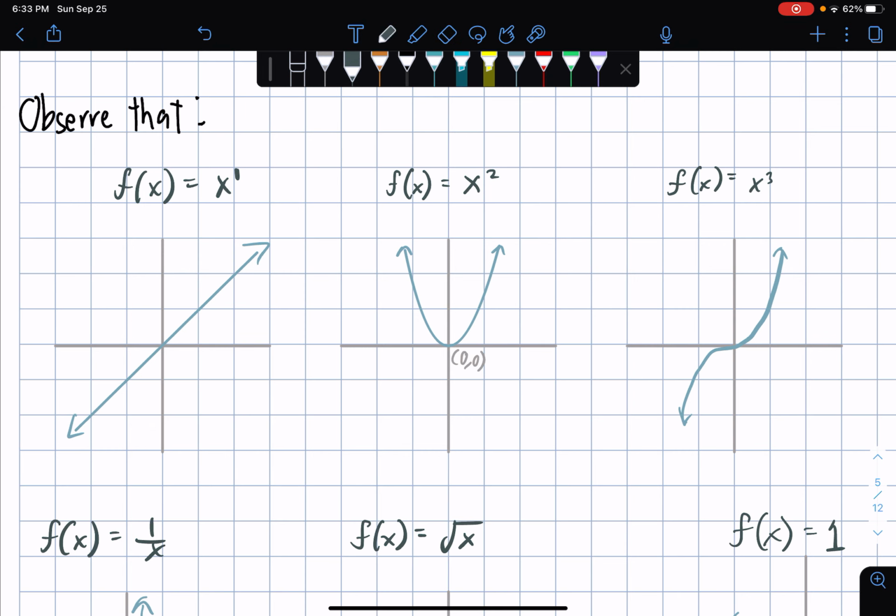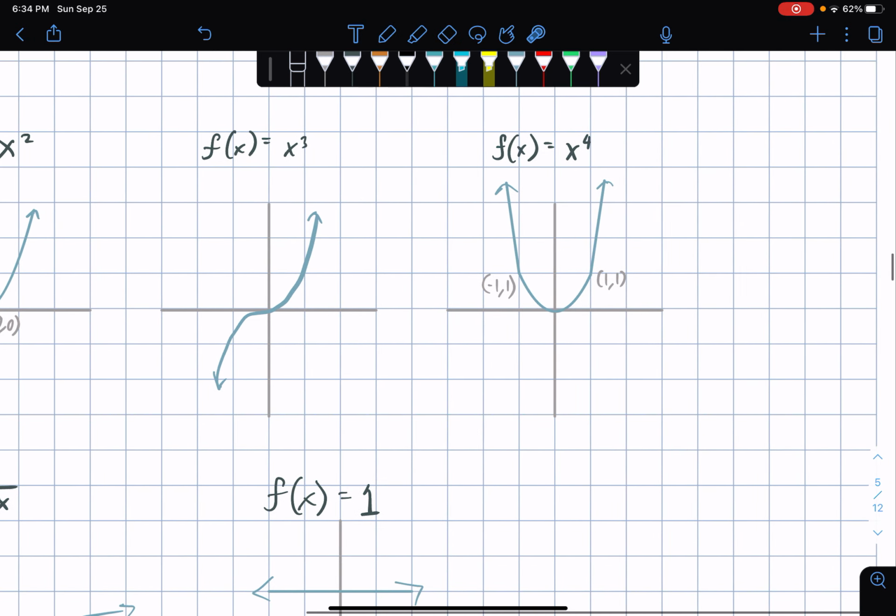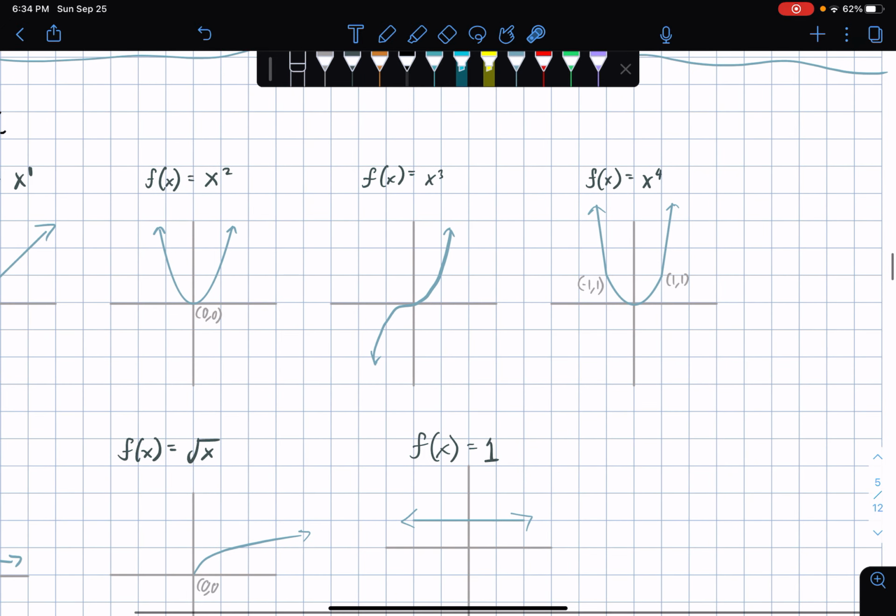So yes, for x raised to 3, you get something like this. It's quite wiggly. For x raised to 4, or quartic, if I'm not mistaken, to be safe, polynomial functions, it's a lot more complicated. So it's up to you.